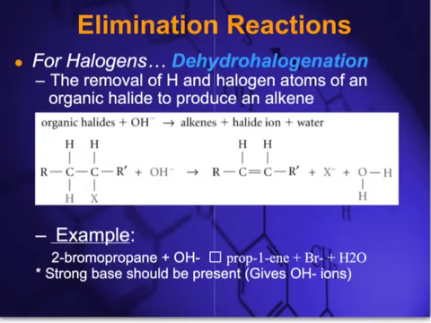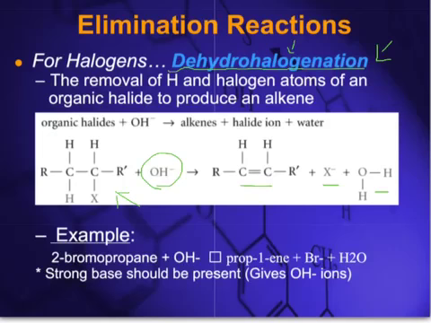Another type of elimination reaction is called a dehydrohalogenation reaction. As the name implies, you will remove a halogen compound. Here we see that we have an organic halide reacting with an OH group to produce an alkene, a free halide, and a water molecule.